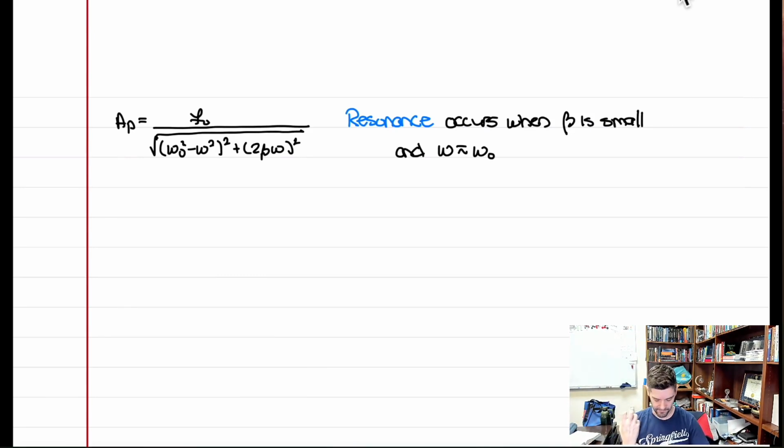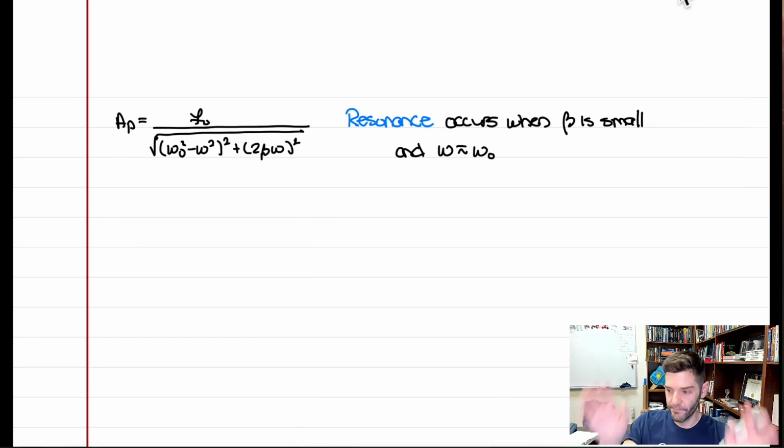When the driving force frequency is mimicking the natural frequency, which, remember, the natural frequency depends on the properties of the system itself. Spring constants, masses, gravities. Where the driving frequency is whatever is set up by the machine, or how frequently you're pushing the kid on the swing. That's set up by the device, whatever is creating this driving force.